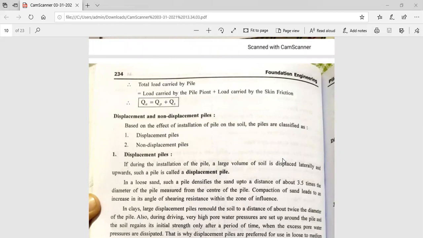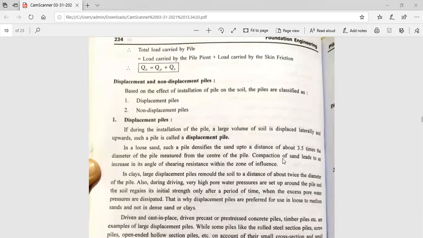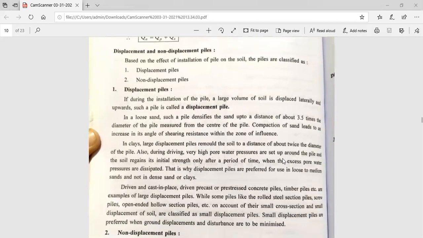So now, the displacement and the non-displacement piles. The first one is displacement piles. These are classified based on the effect of installation of piles on the soil. If during installation of the pile a large volume of soil is displaced laterally and upwards, that type of pile is called a displacement pile.